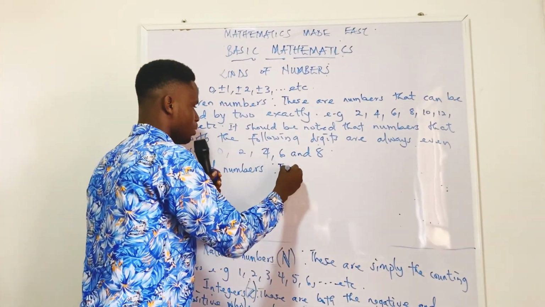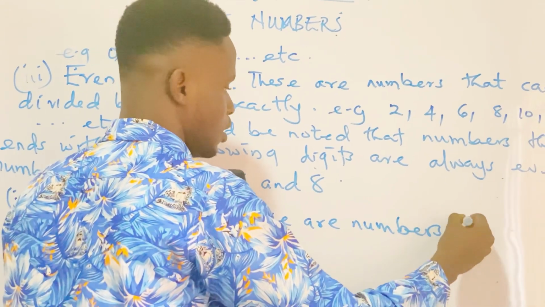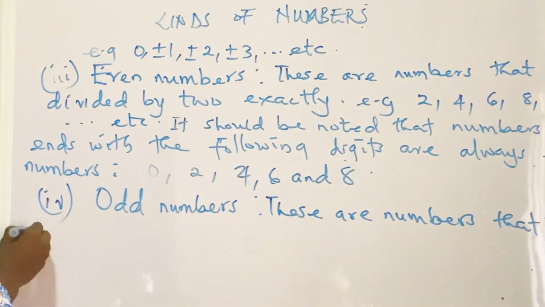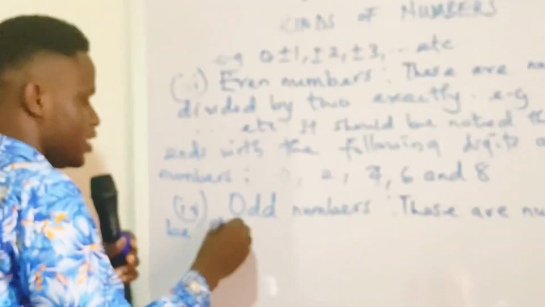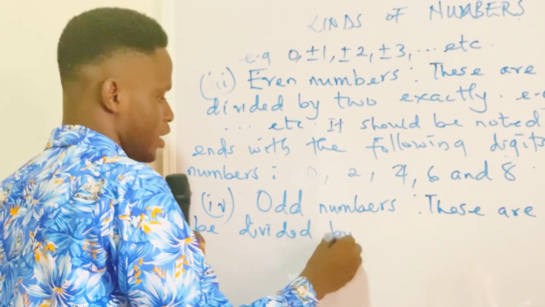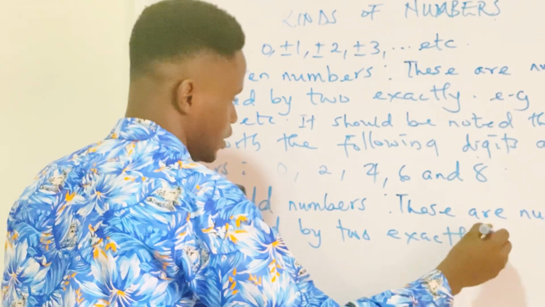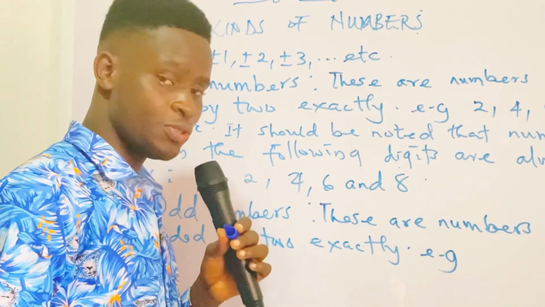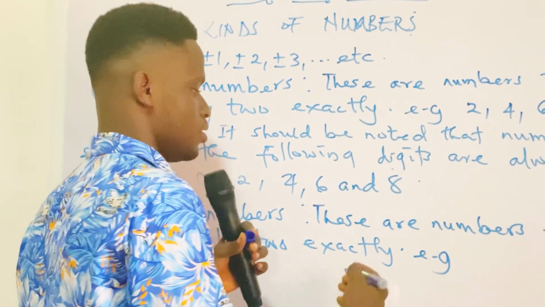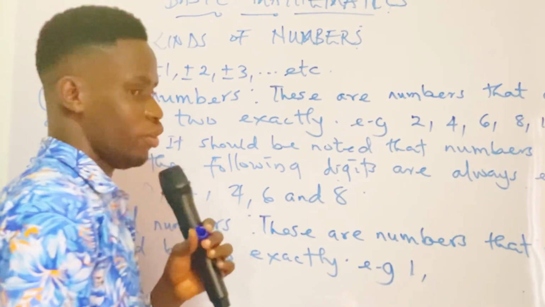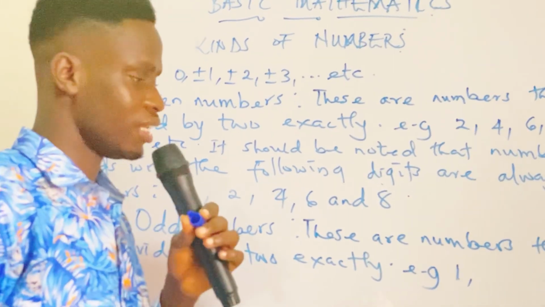So these are numbers that cannot be divided by 2 exactly. What are the examples of these numbers? Starting from 1. So 1 is an odd number because 2 cannot divide 1 exactly.